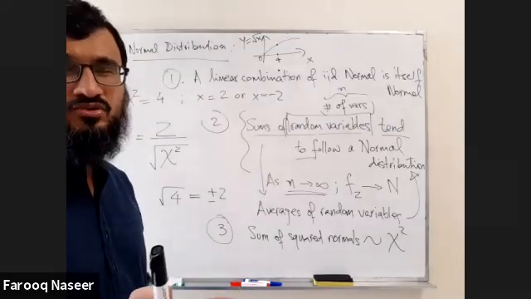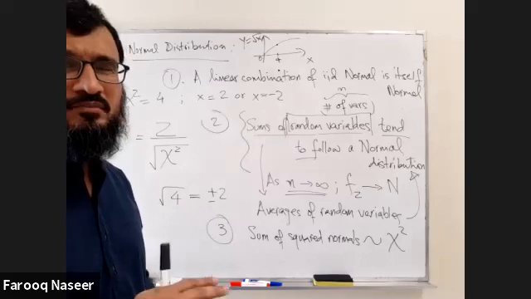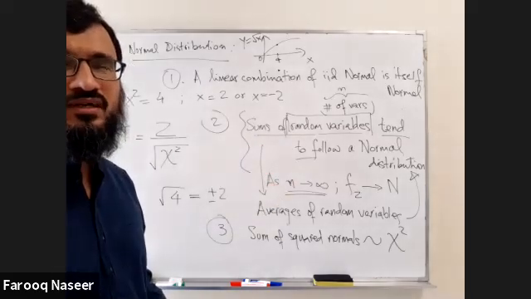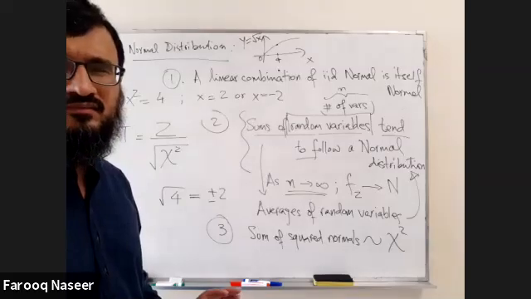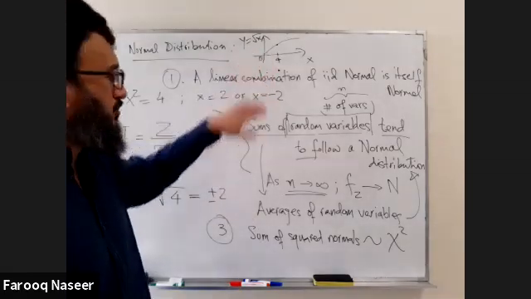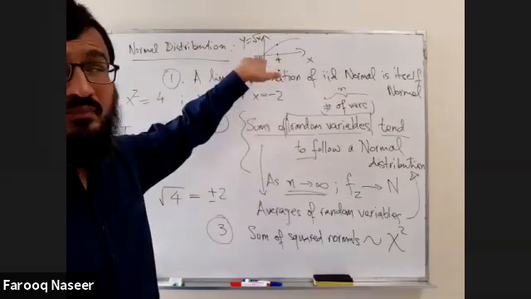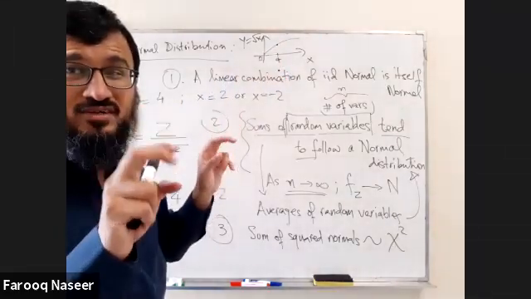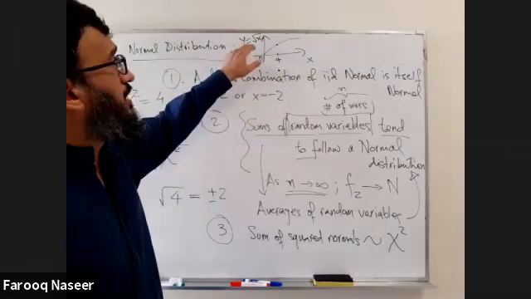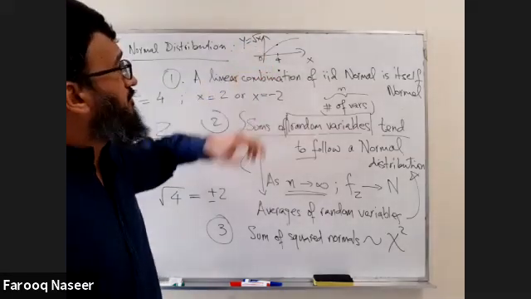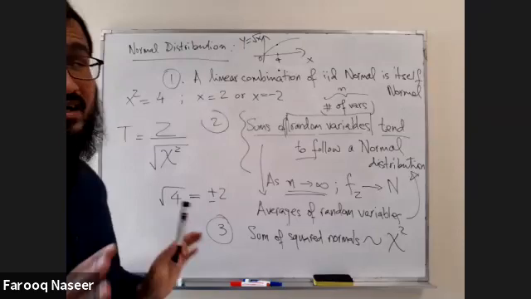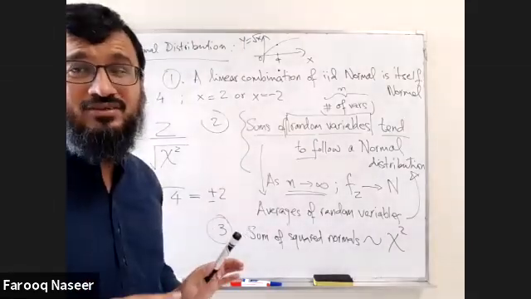So you can have one to one or many to one mapping, but one to many mapping we don't call a function, we call it a relation, right? So we rule out these kinds of mappings from our definition of a function. So when we want to draw a graph of a function y is equal to square root x, that's understood, that's implicit without really saying.